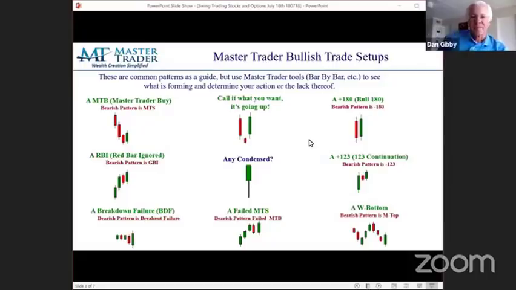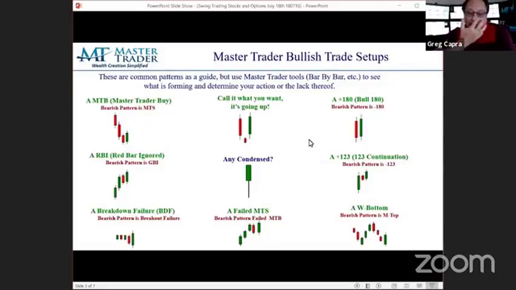Now, reversals can happen in a lot of different ways. So what we teach our students is to understand different pictures that could mean the same thing. Let's start from the upper left, which is your typical pullback type of reversal that we look for, which we have to put in the context of support, resistance, and trend.